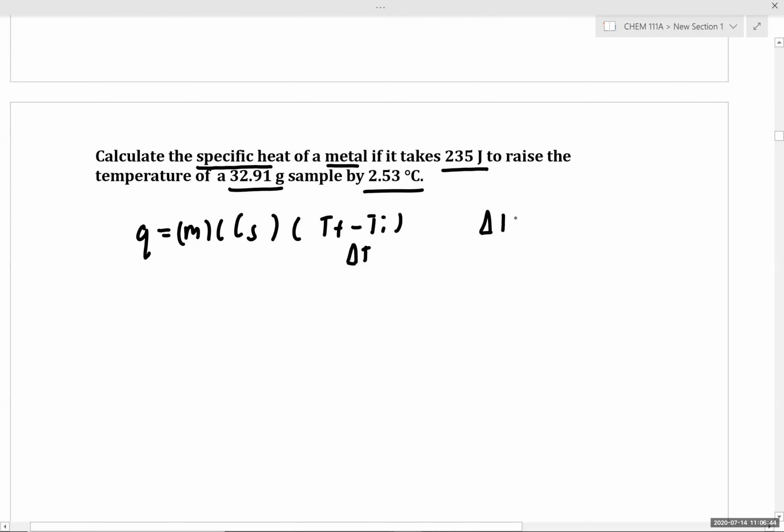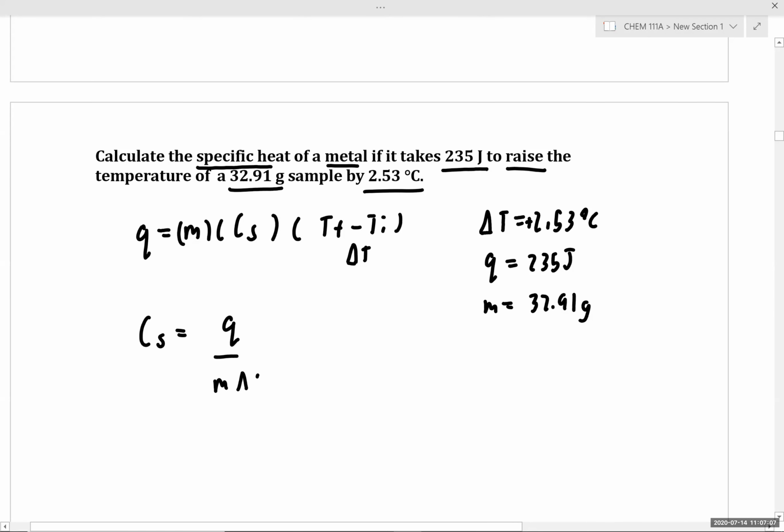So we know in this equation, our delta T is 2.53 degrees Celsius, and it's positive because we're raising our temperature. Our heat is 235 joules. Our mass is 32.91 grams. So then, solving for the specific heat, we get Q over M delta T, which gives us 235 joules over 32.91 grams times 2.53 degrees Celsius.